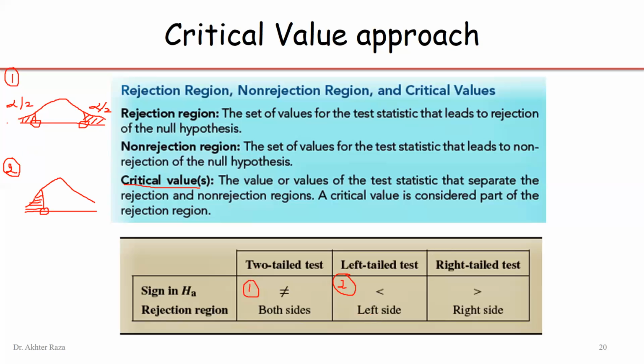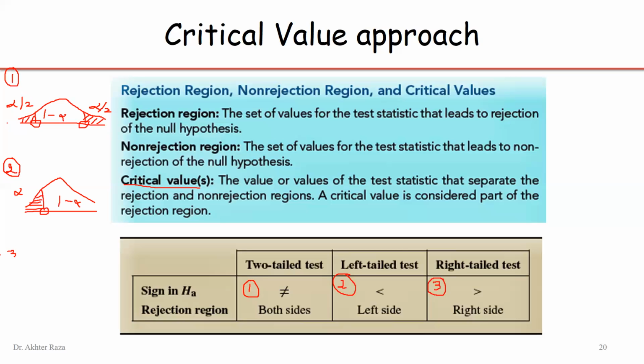This is the critical value, and this is alpha. And this region is known as 1 minus alpha, or the level of confidence. This is the level of significance alpha.